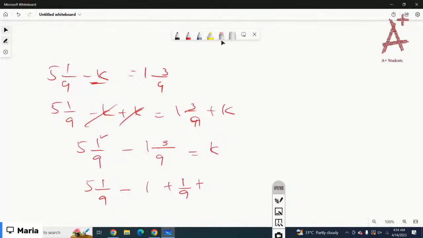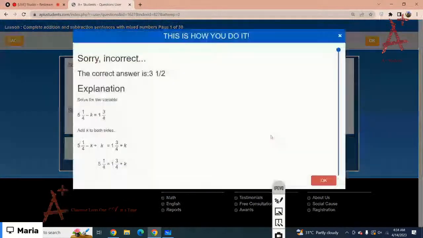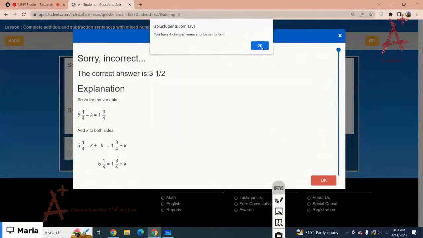Sorry, not 9. They are 4, not 9. So it would be 5 whole 1 over 4 minus 1 whole 3 over 4. But you cannot subtract 1 minus 3. Basically, the reason is, let me just see how it would be solved.